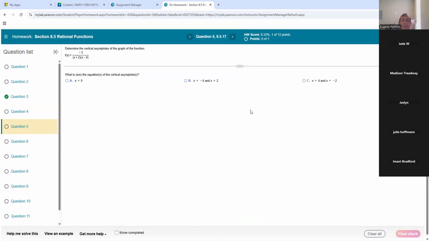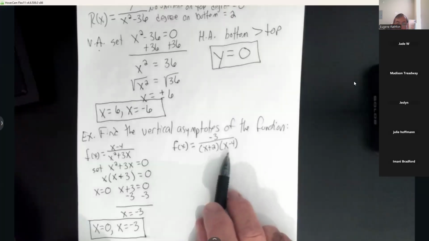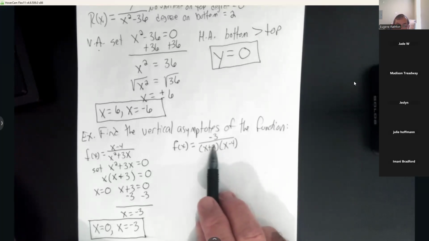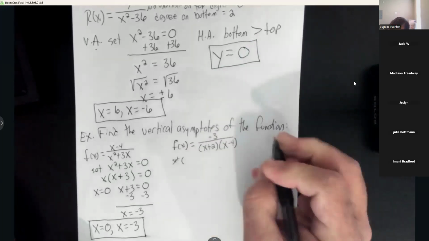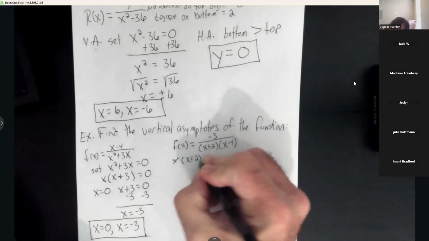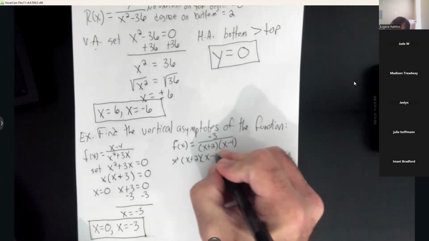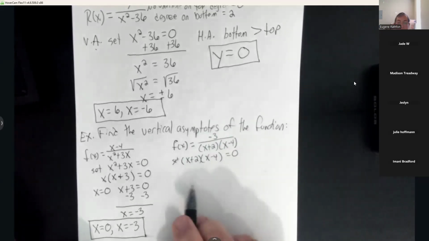So the thing on this one, it's already factored into parentheses. So what you would do, you would come down and set x plus 2, x minus 4 equal to 0.